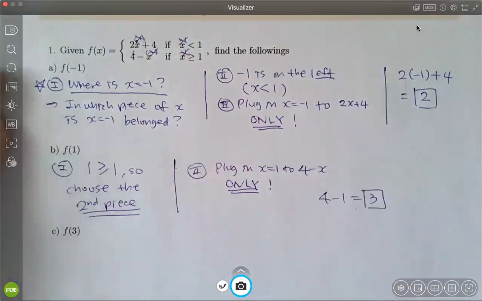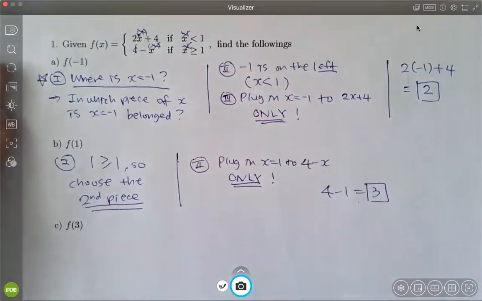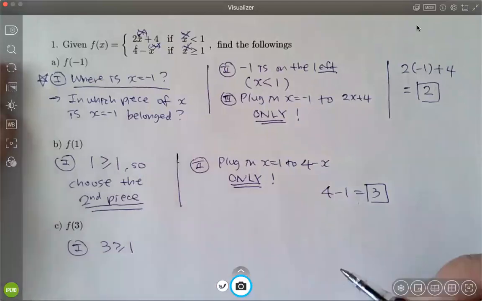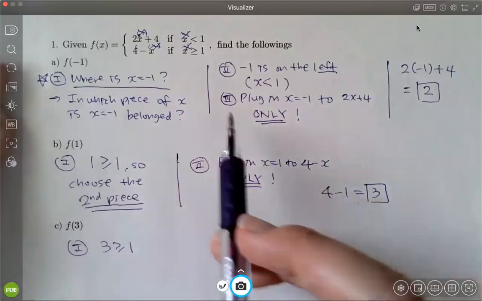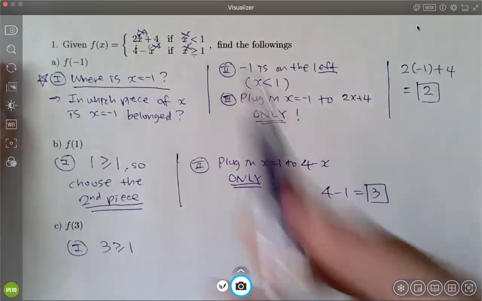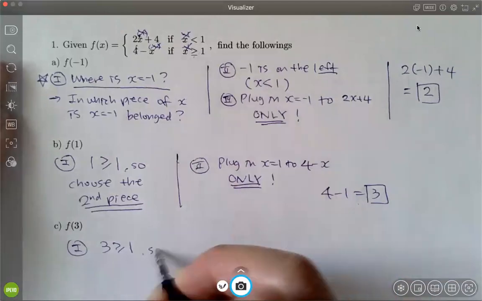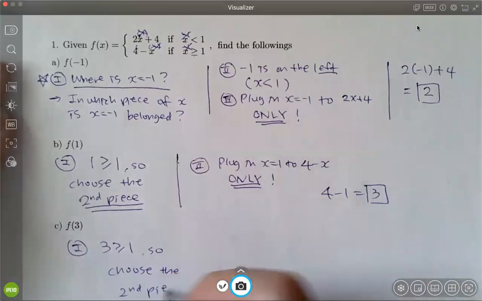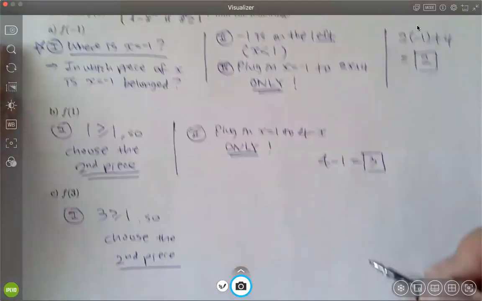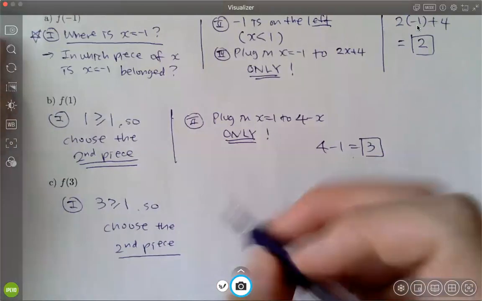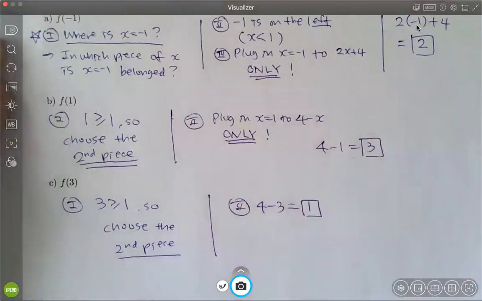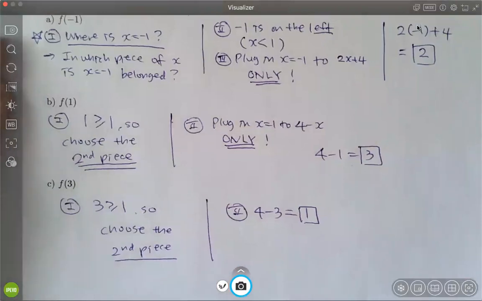Okay, and then f of 3. So here, since 3 is greater than or equal to 1, 3 is not less than 1, right? So we choose, once again, the second piece. So what do you get? 4 minus 3, which is equal to 1. Okay.